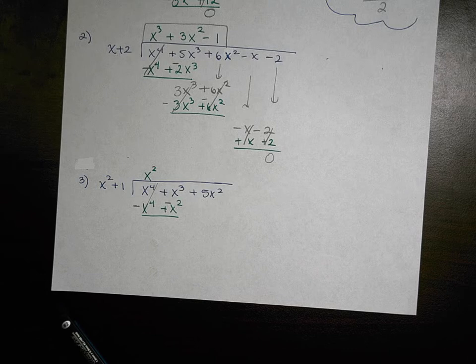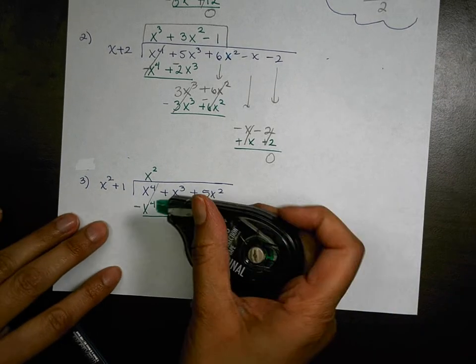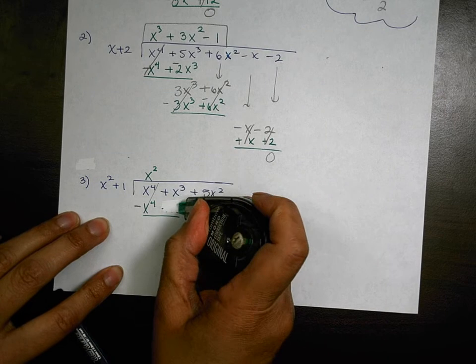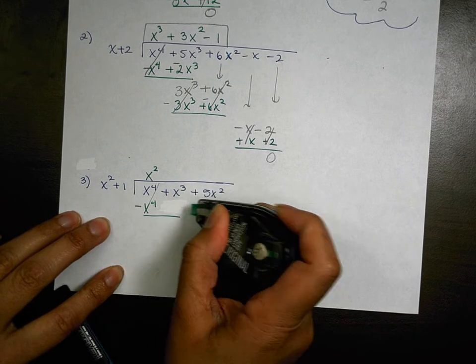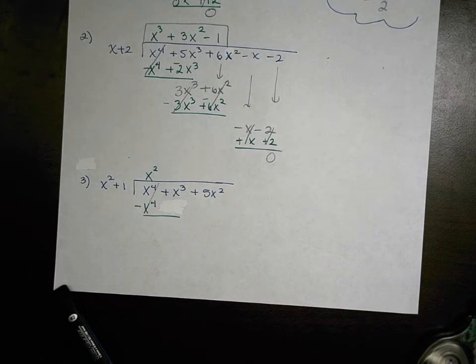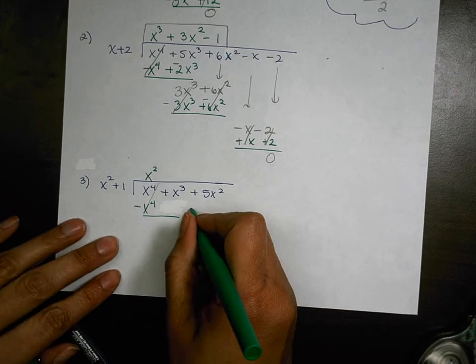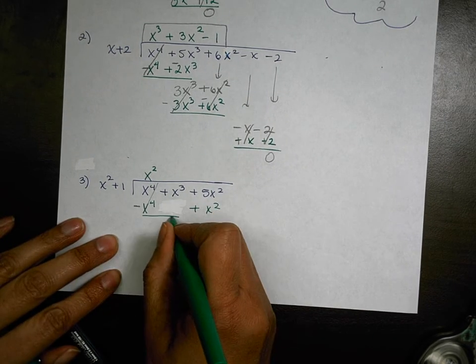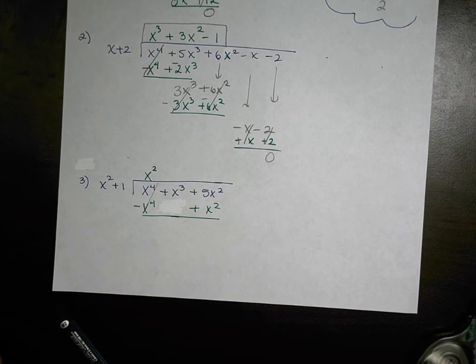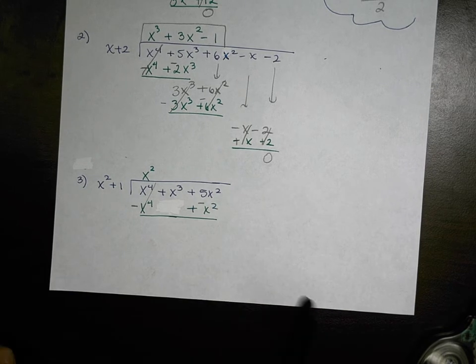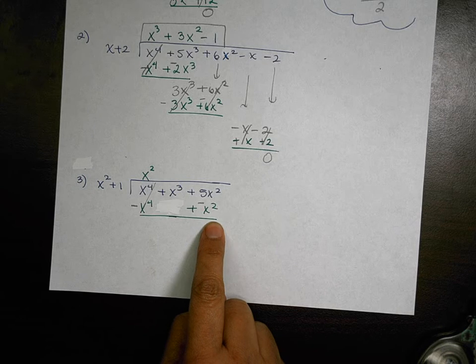If it bothers you, then you erase or white out and rewrite it where it should be. Where should that x squared go? Underneath the what? And then change its sign. So it's up to you on how you write it. Leave it where it was, and in your head, mentally put it where it should be, or erase it or white it out and then put it where it should be.